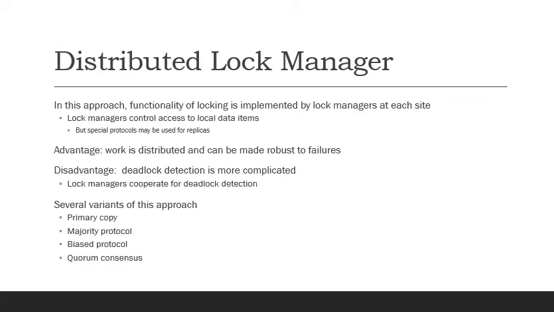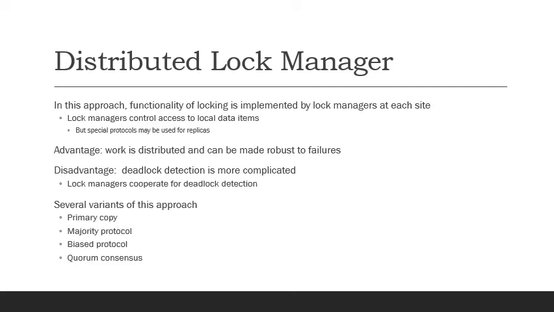Distributed lock manager. A compromise between the advantages and disadvantages can be achieved through the distributed lock manager approach, in which the lock manager function is distributed over several sites. Each site maintains a local lock manager whose function is to administer the lock and unlock requests for those data items that are stored in that site.